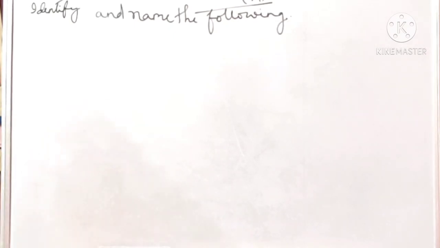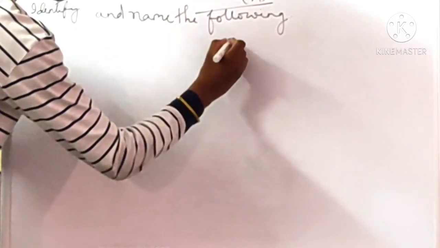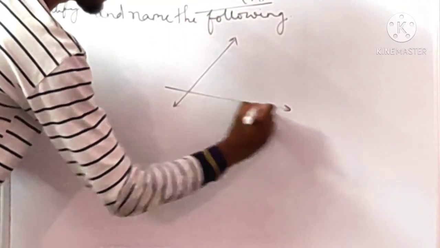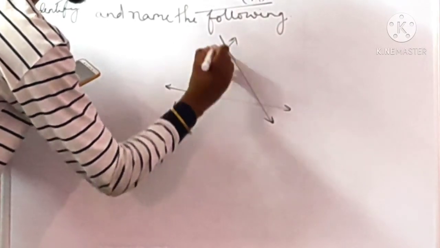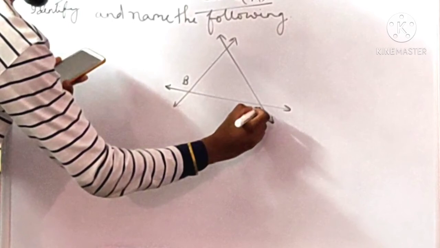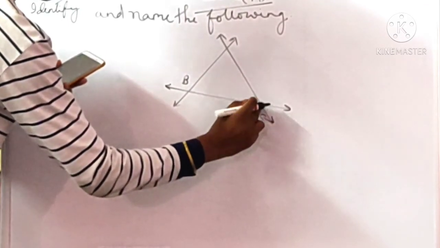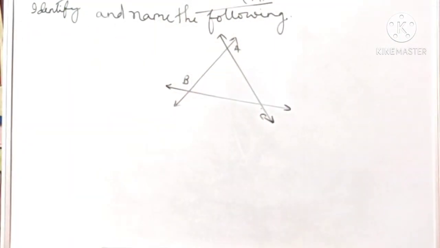Suppose the figure is like this. Suppose this is the figure, this point is B, this is C, and this one is A. So what is said here is to write the names of the lines in the adjacent figure.